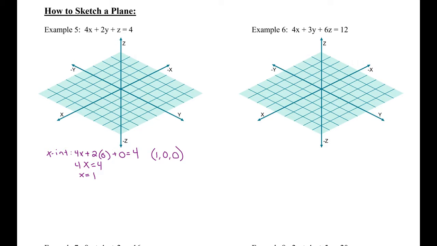So if I was trying to plot this point, I would go over 1 in a positive x direction. This would be my x-intercept. I'm going to do the same thing and solve for my y-intercept, only this time I'm going to plug in 0 for x and for z.